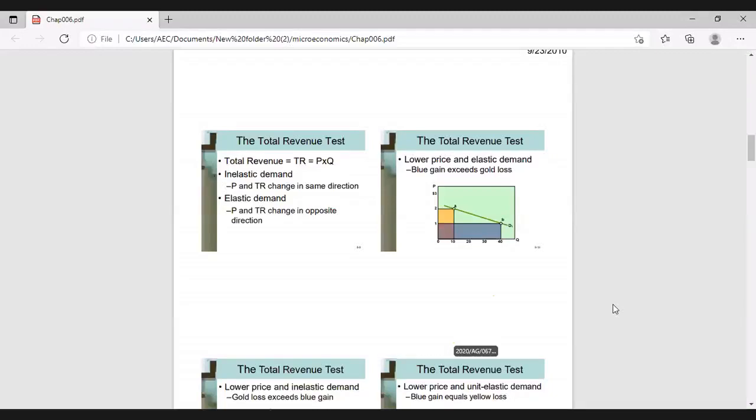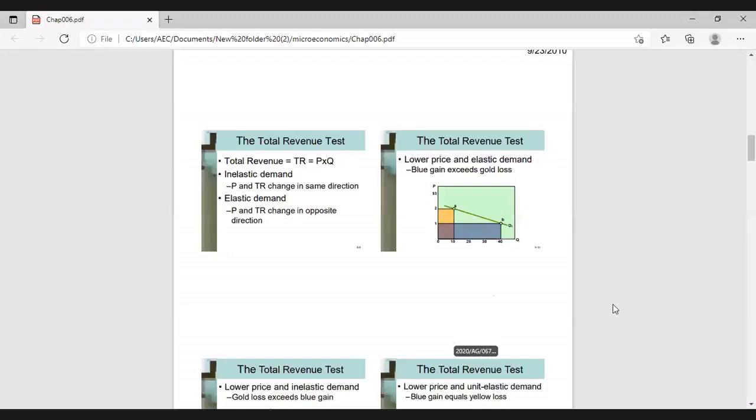Earlier total revenue was 40; now the price increased, but total revenue is only 20. Because consumers reduce the quantity purchased more for the price increase, their response is large.